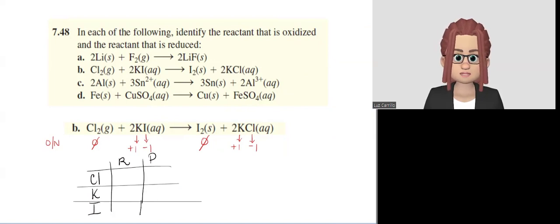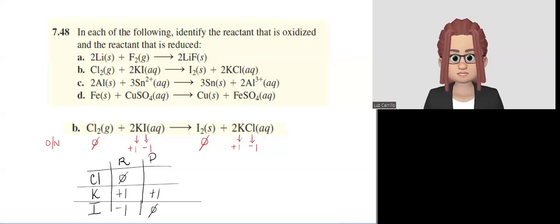Chlorine has an oxidation number of 0 in the reactant. Potassium has a +1. Iodine has a -1. In the product, iodine has a 0. Potassium has a +1. And chlorine has a -1.